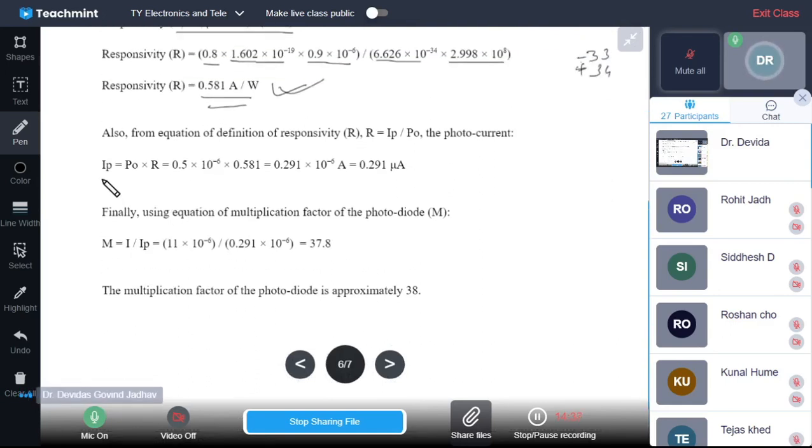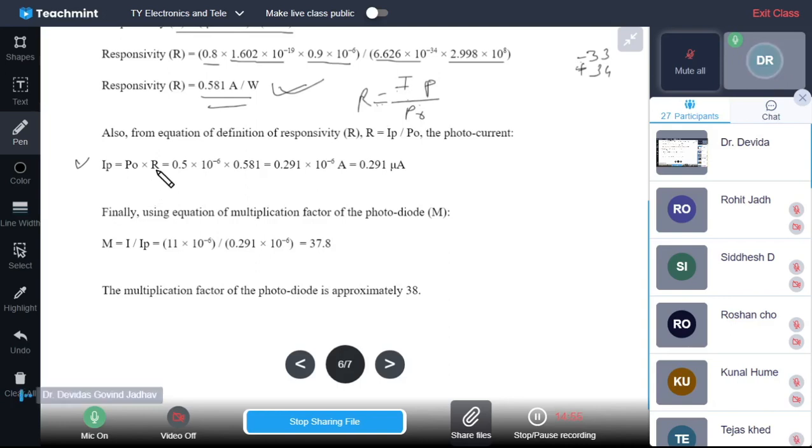So from the other equation of responsivity, that is IP upon PO, R is IP upon PO. We can find out IP as R into PO. So IP is R into PO.